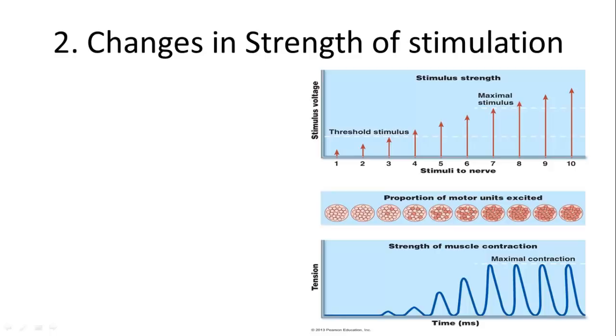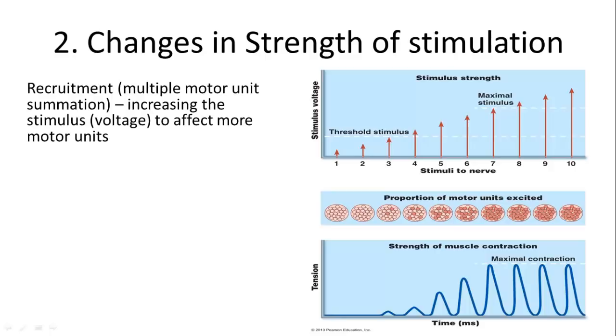Well, we can look at differences in the strength of the stimulation in the actual signal itself. Recruitment is how many motor units are being used. This can be done by increasing the stimulus to affect more motor units.